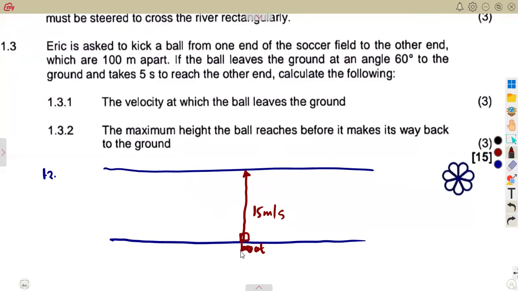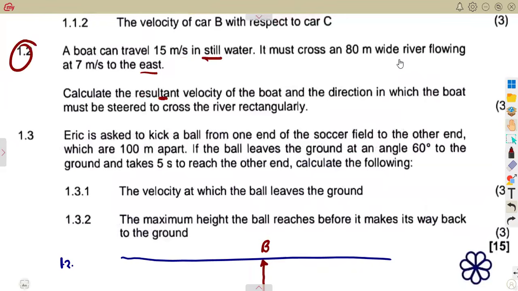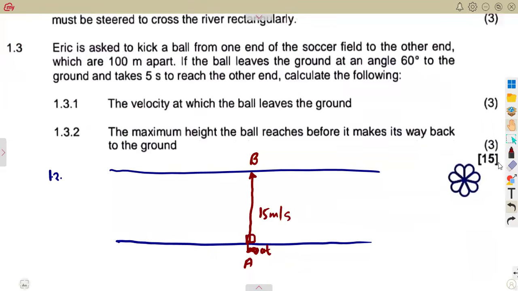Let's call this point A, then we also call this point B. We are given that it must cross an 80 meters wide river. The 80 meters is just the distance that we are given from one point to another of the river.